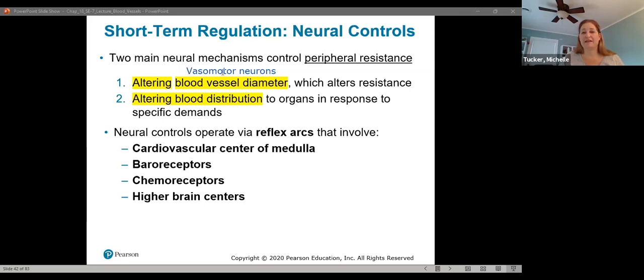We have blood vessels, and a vasomotor neuron that is going to innervate these blood vessels. It normally has a middle level of action potentials, or impulses, telling this vessel to maintain at a medium level. So they're not vasodilated, they're not vasoconstricted.